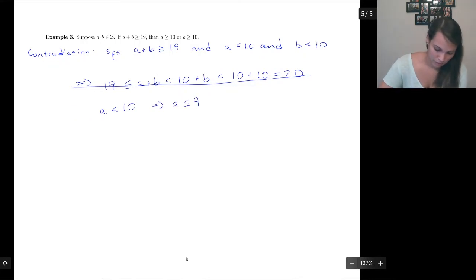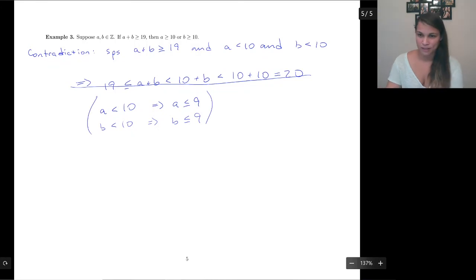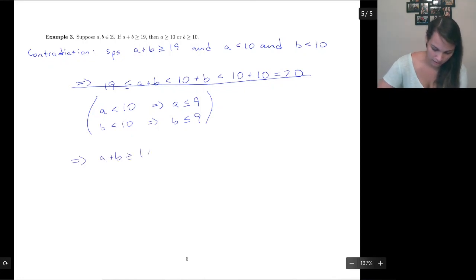And then same about b: b is less than 10, so then b is less than or equal to 9. I'm going to put that in parentheses and say, aha, let's try that. So then we have a plus b is greater than 19, and a is less than or equal to 9, and b is less than or equal to 9.